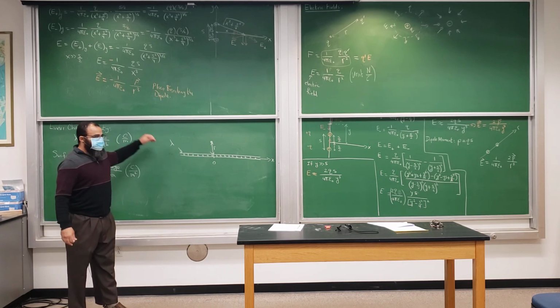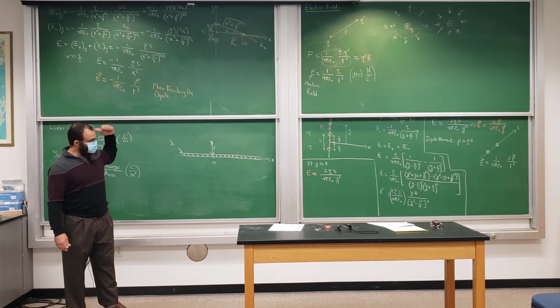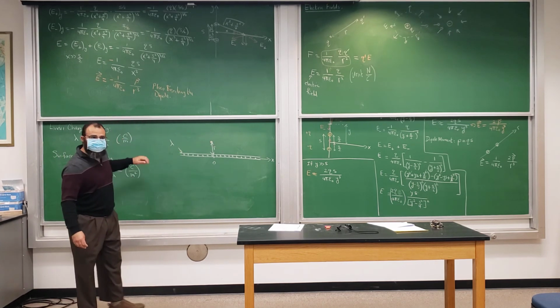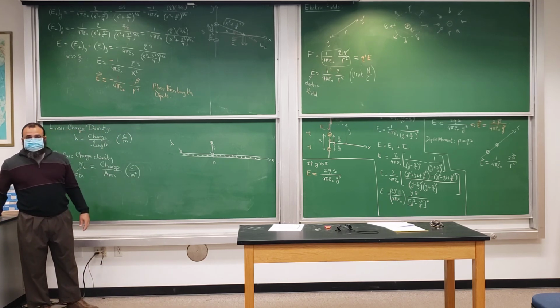And this line extends to, let's say, minus infinity this way, and it goes to plus infinity that way. So it's an infinite line of charge. So what is the electric field at a particular point a distance r away from this line?